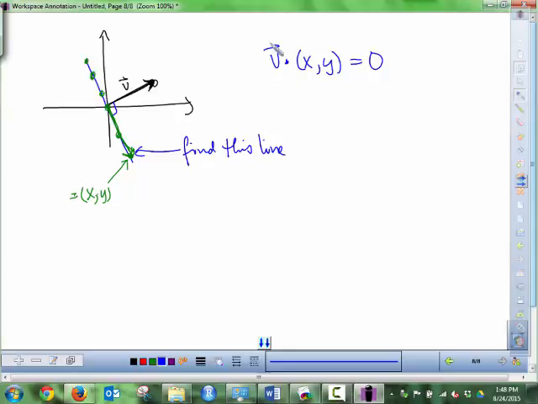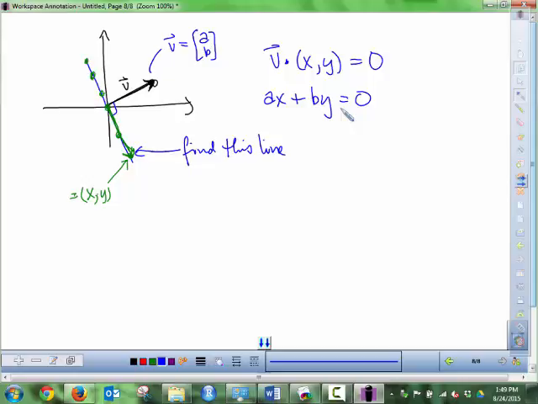And if we expand, let's let v equal ab again. So ab dotted with xy is going to be ax plus by is equal to 0. So this would be my equation of the line. You can write it like this, or you can write it in standard form if you want, but this looks like an equation of a line.